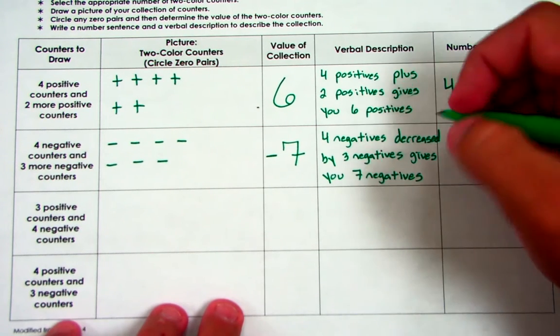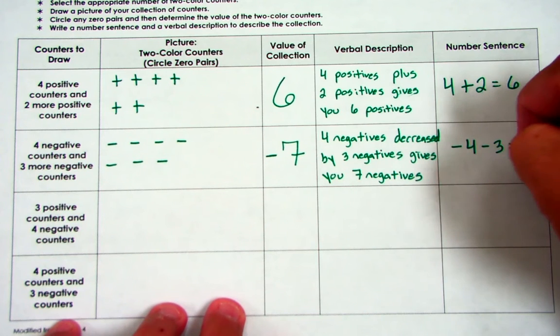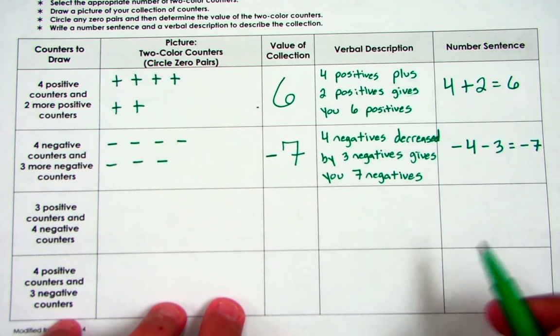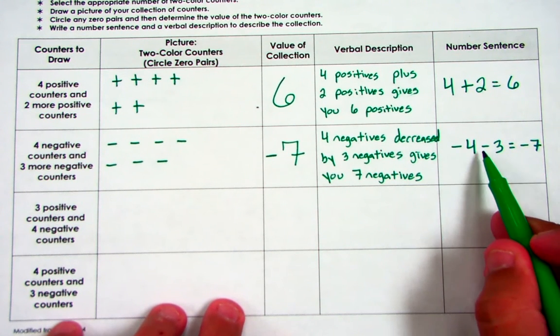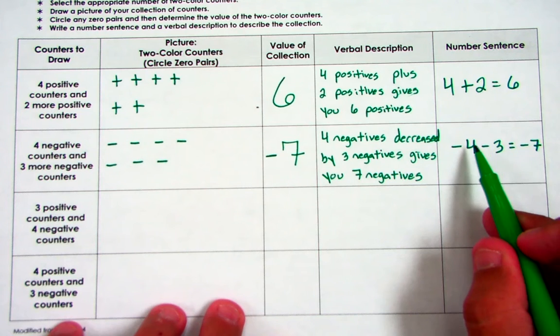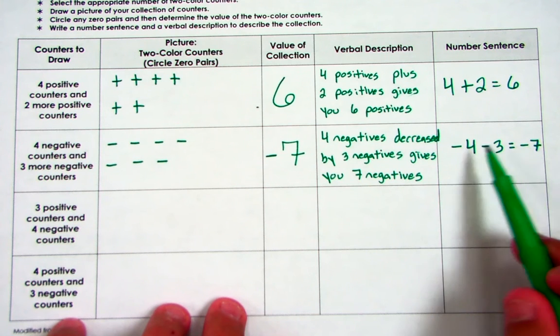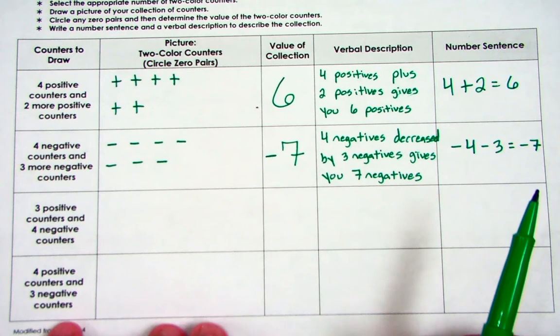In your number sentence, we had 4 negatives and 3 negatives. Now I want you to look closely. Aren't those 2 signs the same? Well, yes, they are. So we kept that sign in our answer, and we added the numbers. So again, when you are combining integers by adding or subtracting, when the signs are the same, you keep the sign and you add the numbers.